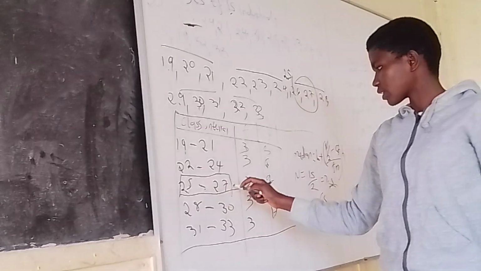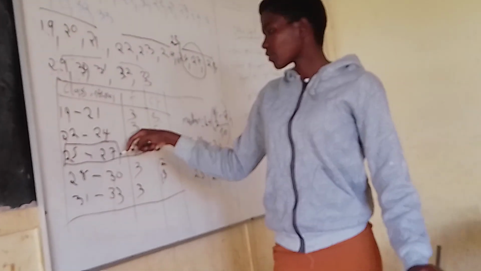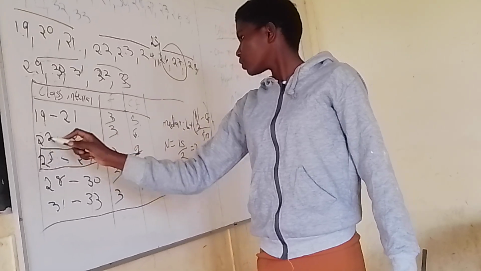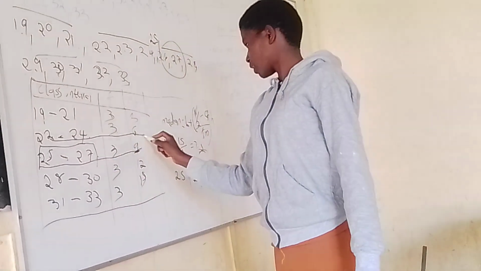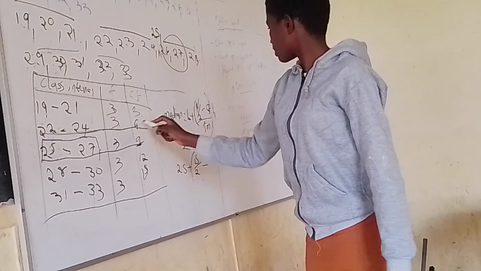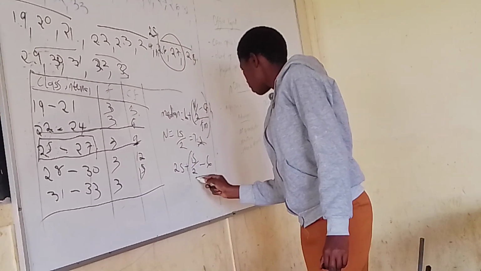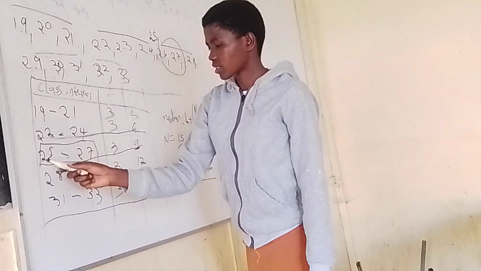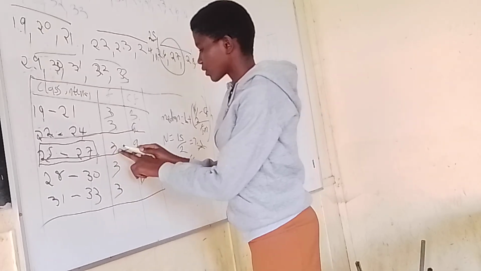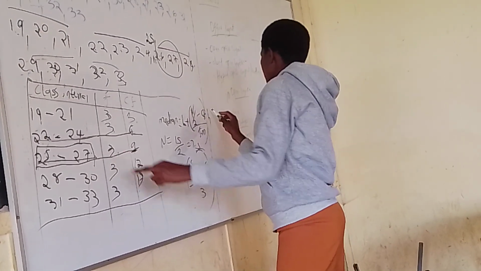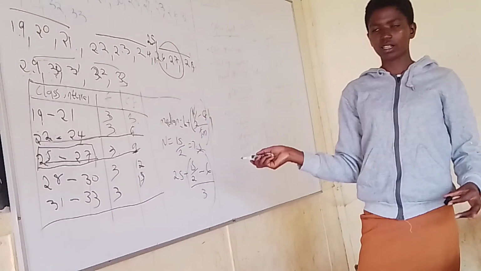This is the median class, so the class interval preceding is 22 to 24. The cumulative frequency of this class interval is 6, over the frequency of the median class. The median class is 25 to 27. Its frequency is 3, times h.